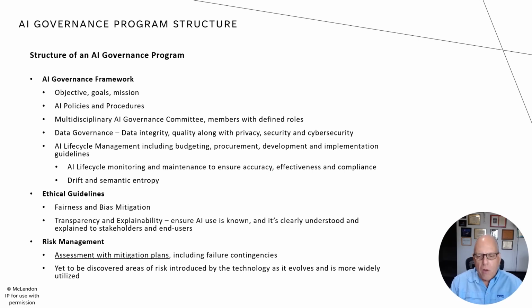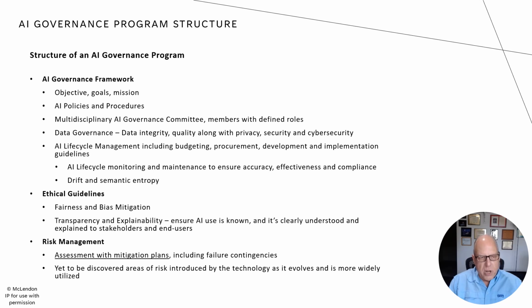Your AI policy and procedures, whatever they are, that's part of your framework. Multidisciplinary AI governance committee: you must have a committee defined with multiple different disciplines. Not just governance people or compliance people, but also physicians, also security, also privacy, also data use type people.